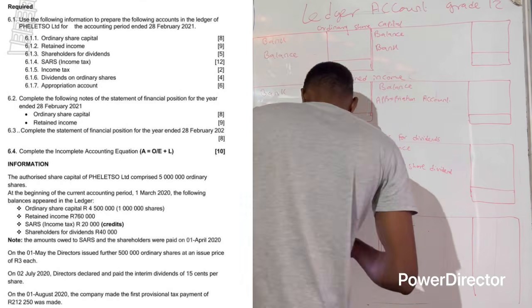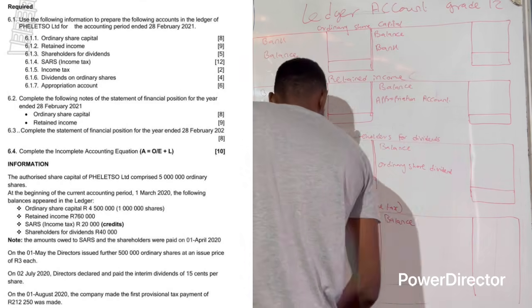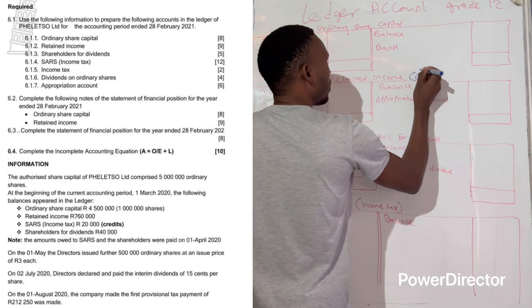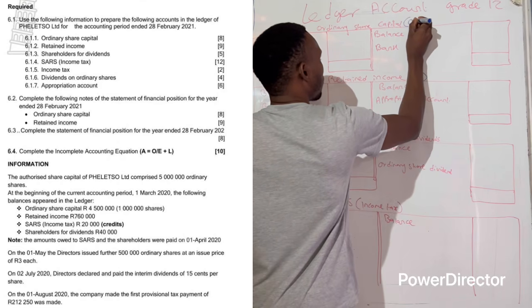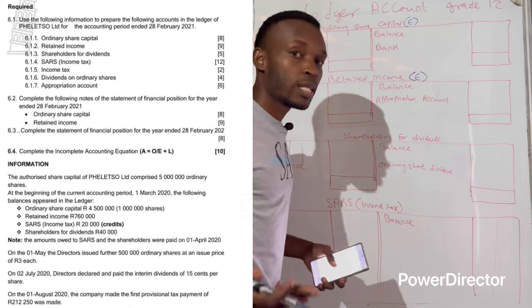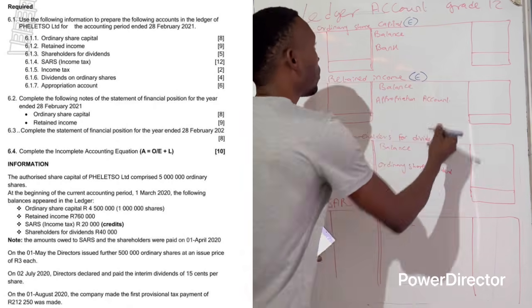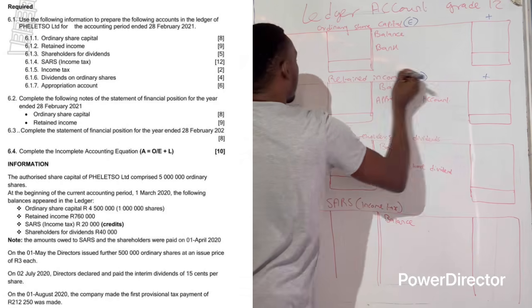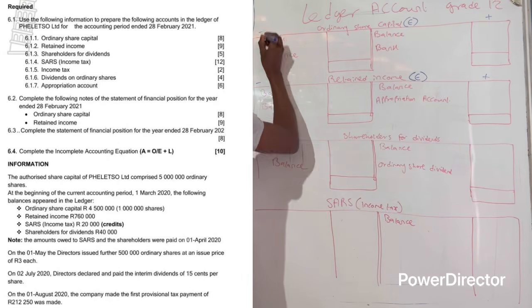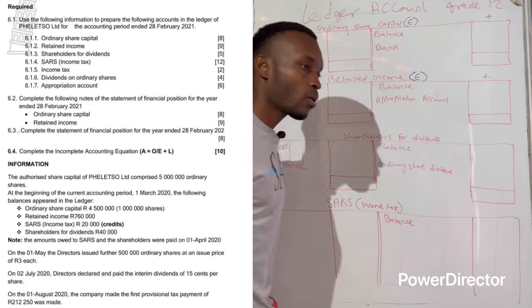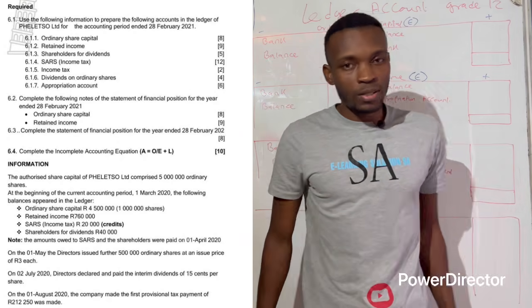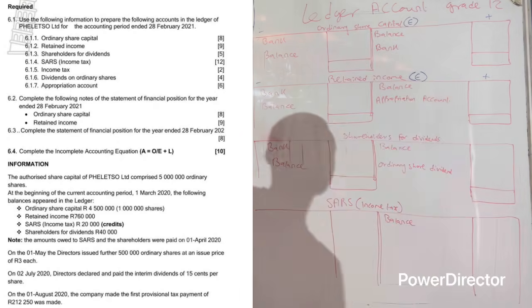These are equity accounts. This mark is not working. You know from grade 9 that equity accounts increase on the credit and decrease on the debit. In other words, whatever you record on the credit, that account is increasing. Whatever you record on the debit, that account is decreasing.